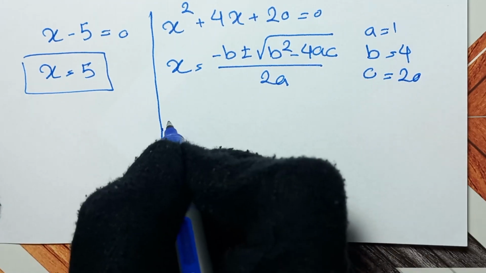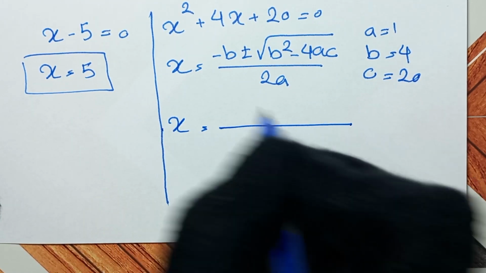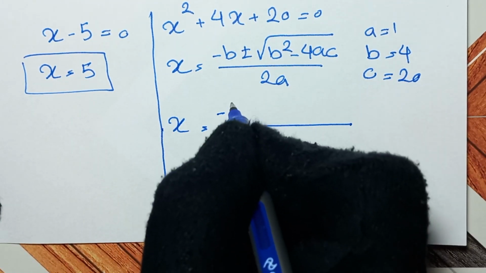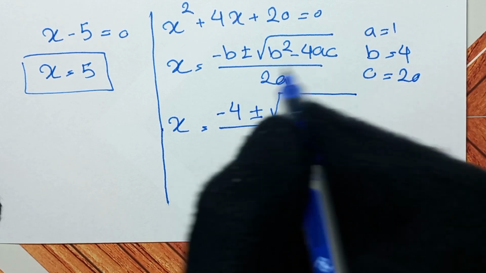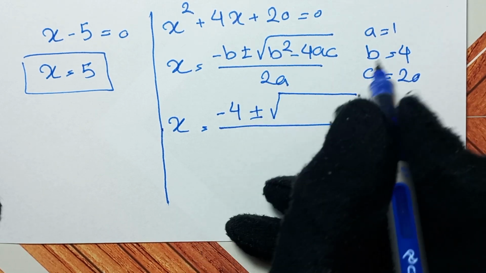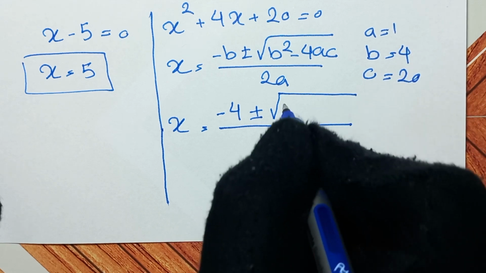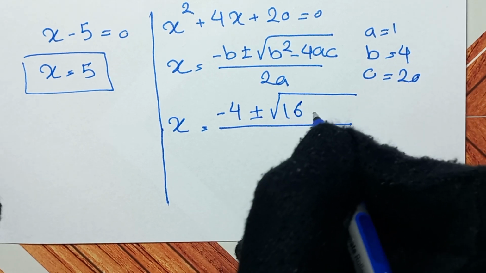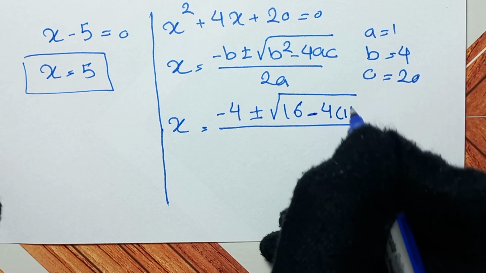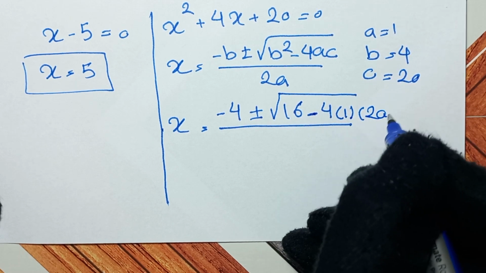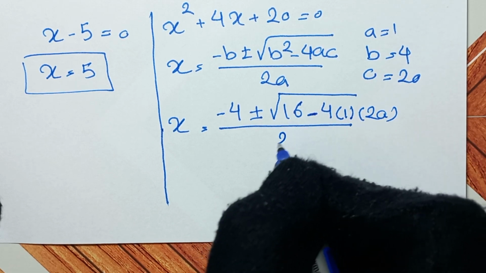So x is equal to negative b, negative 4, plus or minus square root of b squared, 16, minus 4ac, 4 times a is 1, and c is 20, over 2a, 2a is 2.